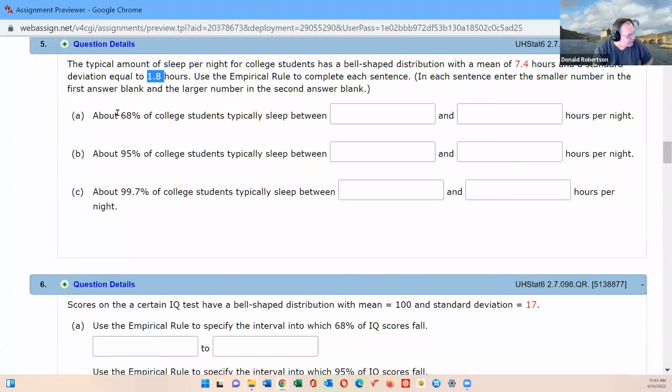Okay, to get the 68%, wouldn't that be starting at the mean, go 1 to the left and 1 to the right? Okay, so starting at 7.4, take away 1 standard deviation, which is 1.8. And then on the big side, the mean, add 1 standard deviation.